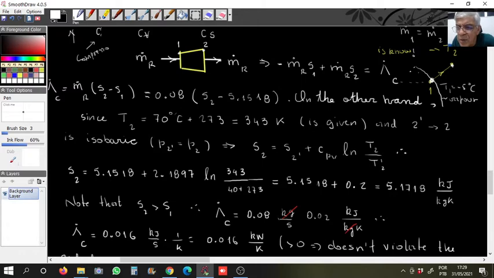The temperature is high and is given, 70 degrees, the temperature at 2. I think so, it is. Now I will find out S2. I don't have S2, but we can find S2. Now it's quite interesting here.